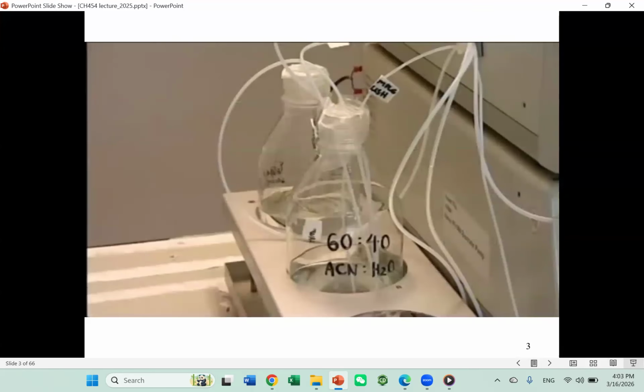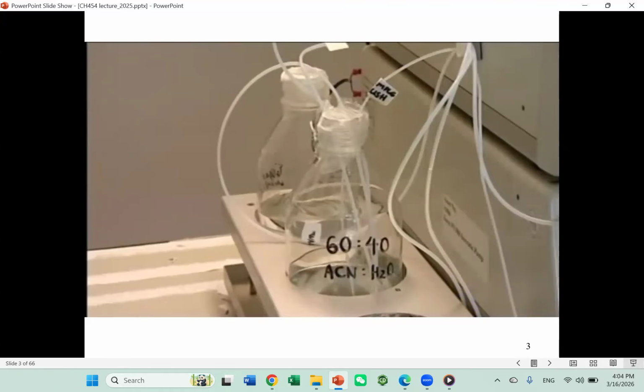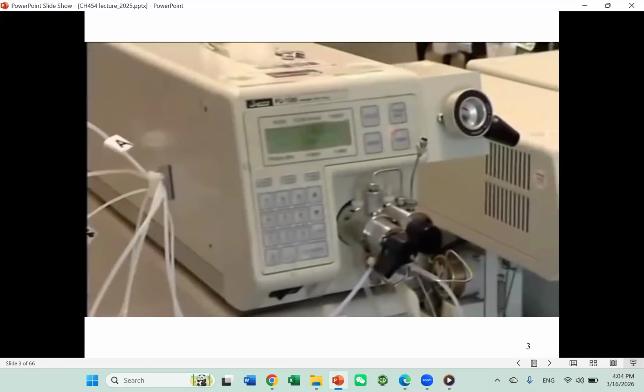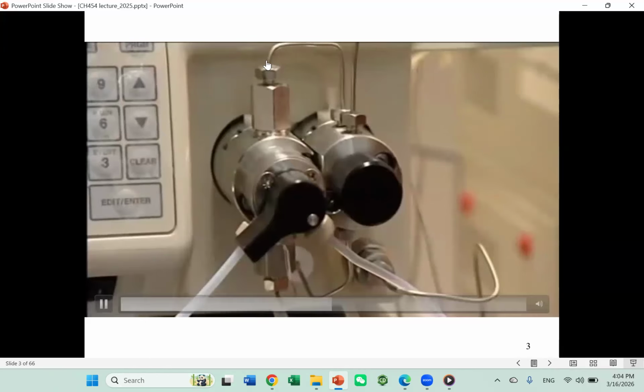These bottles contain solvents. Two solvents can be mixed in any proportions to give a liquid phase of suitable polarity for the separation that is being done. In this case, one solvent is water, very polar, and the other ethanenitrile, less polar. The operator can decide on a mixture with the correct polarity for the separation she is doing. These are the pumps. They produce a pressure of 15,000 kilopascals, 150 times that of the atmosphere, hence the name high pressure liquid chromatography.